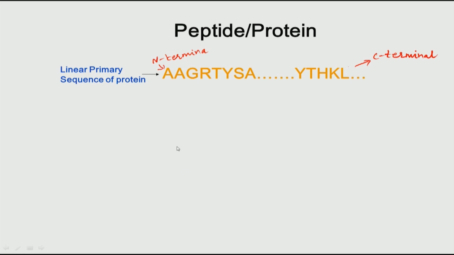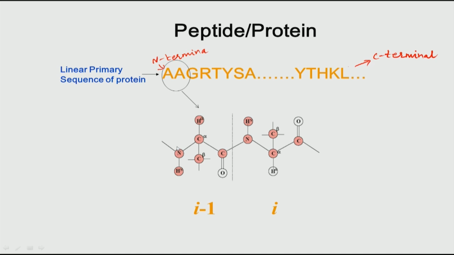So, now if you see, generally if you go to each amino acid, this is a dipeptide and it will be like this. So, let us look at this carefully. What we are seeing here are the individual atoms, and this part, shown separated by a dotted line, is one amino acid, and this portion is another amino acid.